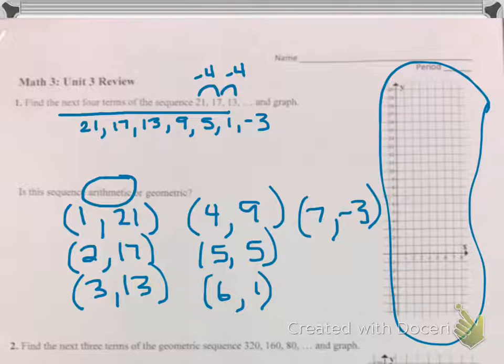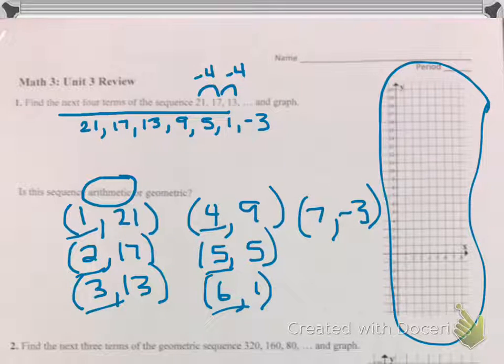But let's remember that we're not going to connect those points together, because our domain cannot be the values between 1 and 2 or between 2 and 3, because our domain has to be the term number. So 1, 2, 3. We don't have a 1.75 term. So when you graphed these, you should have had a line that started at (1, 21) and ended at the last ordered pair that you graphed, which was (7, -3).